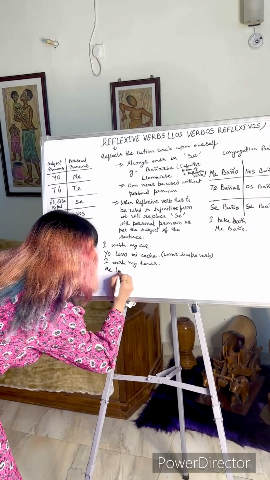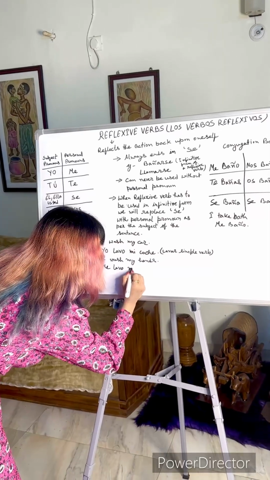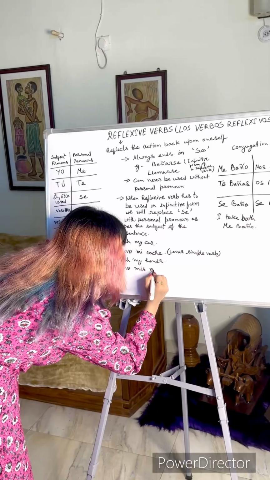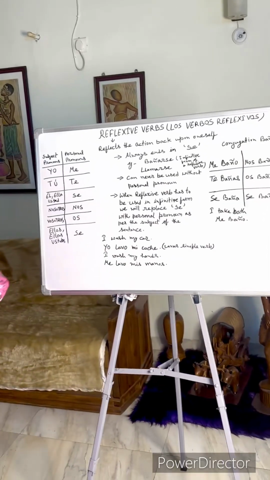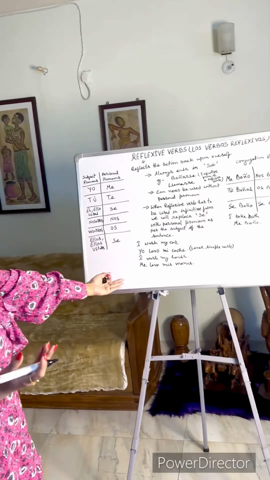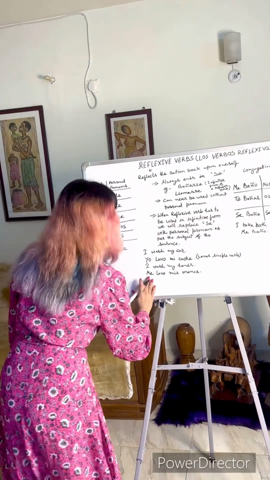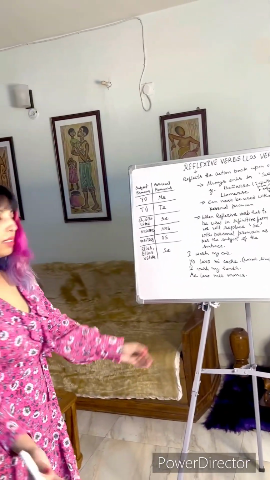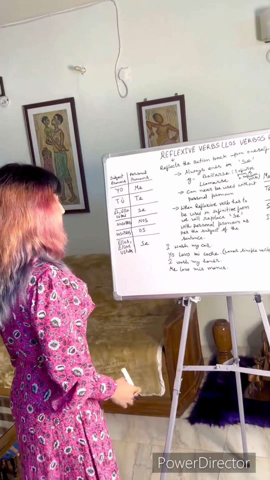Me lavo mis manos, hands. Or I can say las manos. I can say anything because I am saying me lavo. It is implied that I am washing my hands. So, me lavo mis manos.